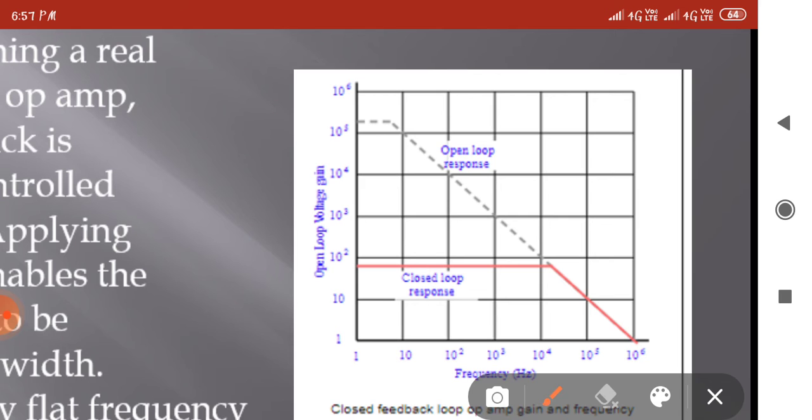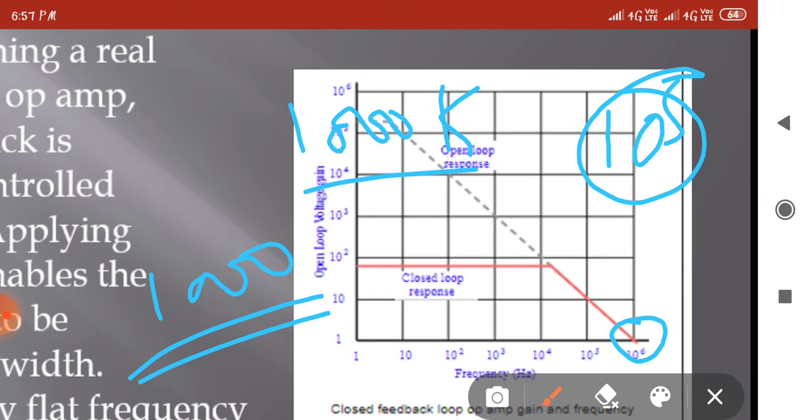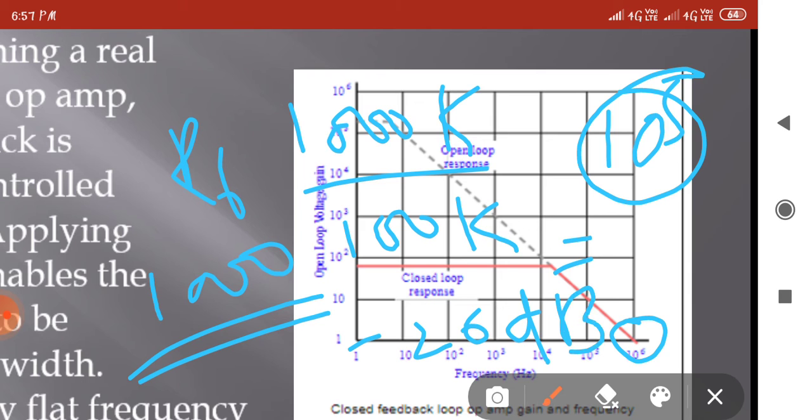Right? It is around nearly 10 raised to 2, means 100, correct? It is 10 raised to 5. It is 10 raised to 6. If I want to take the 1000 kilohertz, this is the RF feedback resistance. If you want to take the 100k, it is a minus 20 dB. We have seen that one, minus 20 dB.